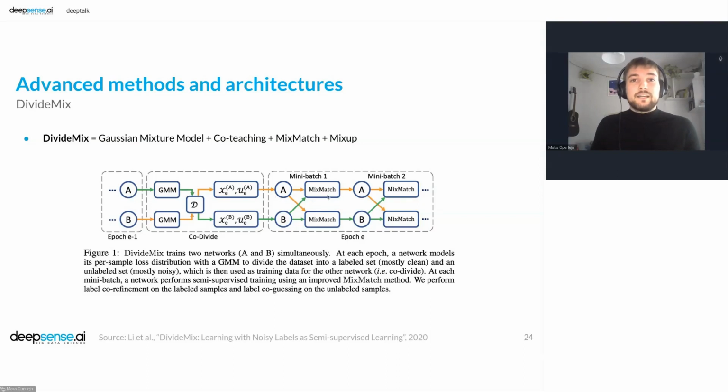Then the training is done with MixMatch, obviously. So this time we have the unlabeled and labeled data, and we are doing MixMatch. So in a semi-supervised manner, we are achieving the convergence, right? And at the end, mix-up is here for regularization purposes. So that's basically DivideMix. We are just joining some components, and everything works very, very well.